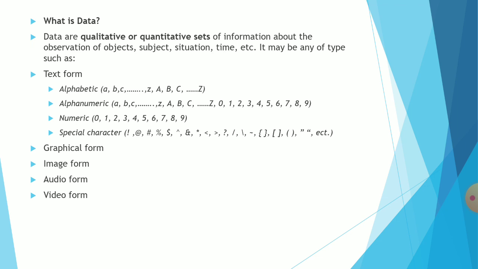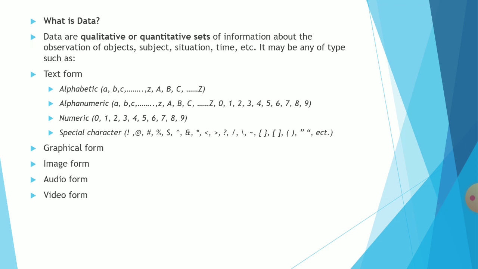Okay, so next is what is data. Whatever work or business we are doing, we are using some data. So data is nothing but a qualitative and quantitative set of information.